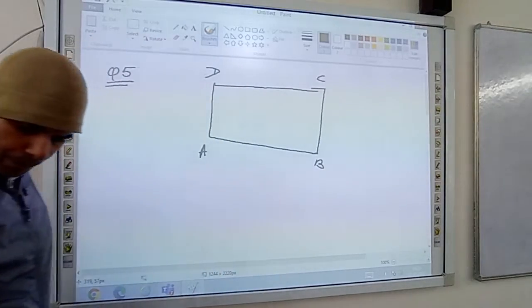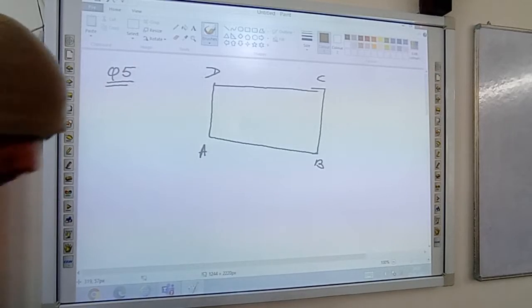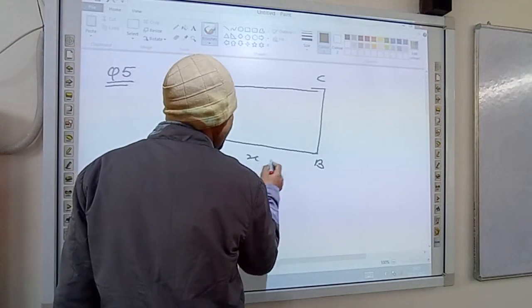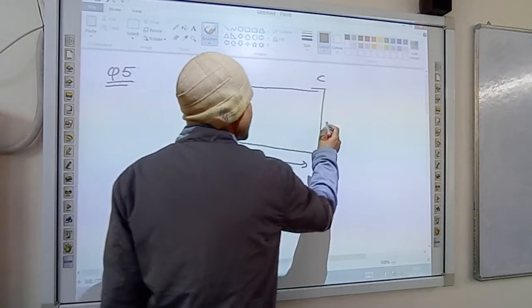We are considering here length is x, breadth is y.